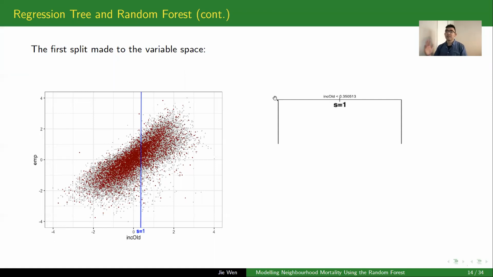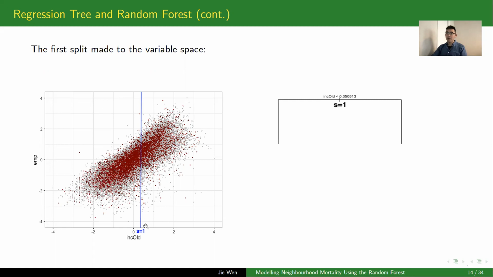Okay, now let's look at the first split the algorithm makes into the variable space. The tree algorithm thinks the first split, s equal to 1 here, is the best one to make, which is made by the inc old. That means all of the RSOs are classified into 2 different groups or nodes.